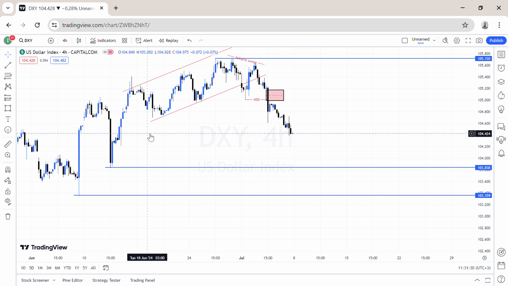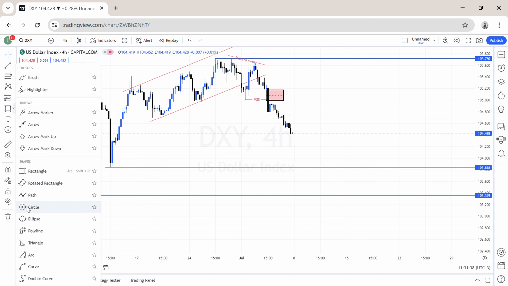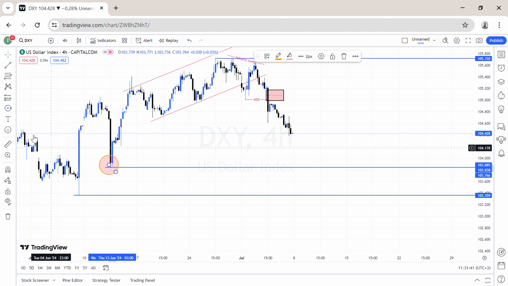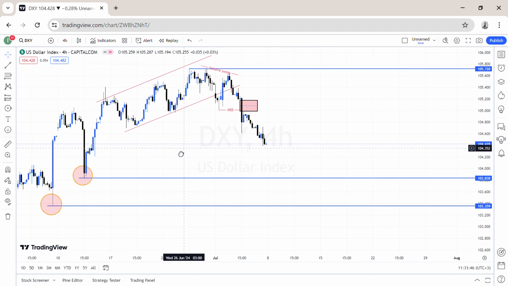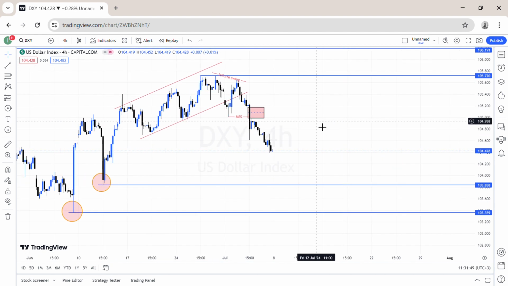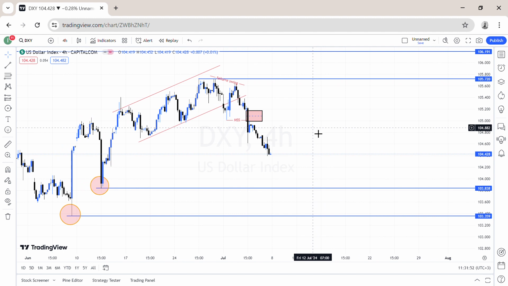I'll focus now on the external range liquidity that is resting below this low right there. This low, that low, and this low right here. So that is my focus on DXY. I will remain bearish on DXY until it finds support at either this point or this point.